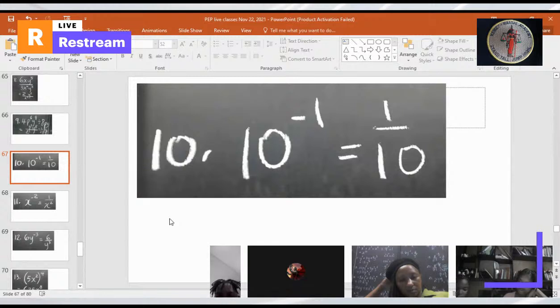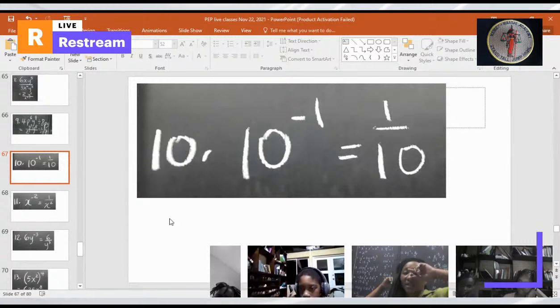So you said 10 to the negative 1 power, and you would get 1 over 10. All right, so the law says when we're raising it to the negative power, we find the inverse. We raise it to that same power but invert it. So 10 to the first power is 10, and since it's negative, we put 1 over 10, the inverse.